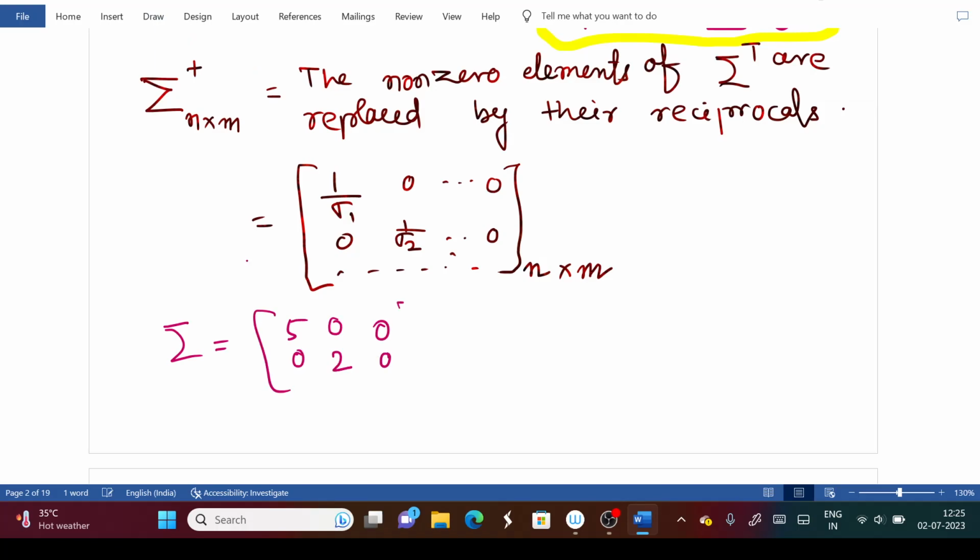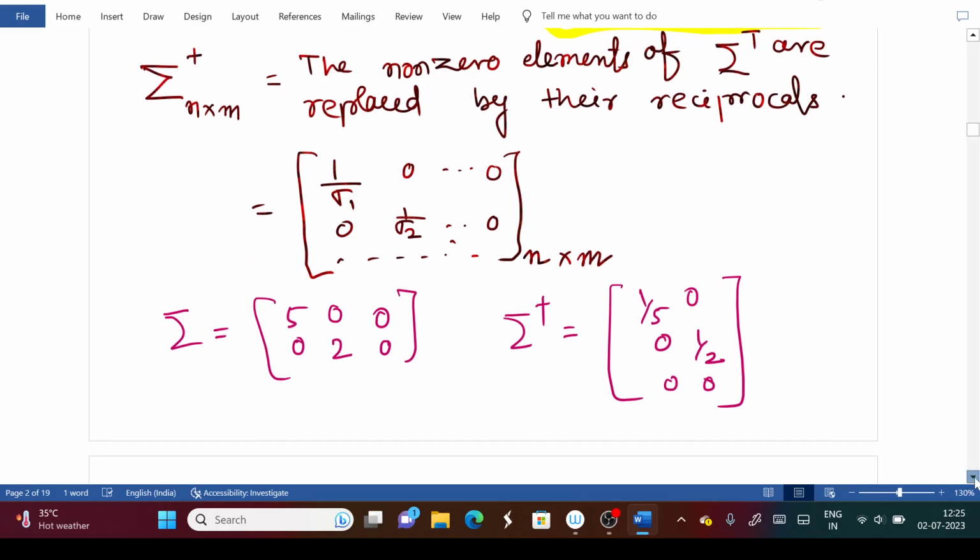This is my matrix sigma. Then what will be sigma plus? This is 1 by 5, 1 by 2, and the rest will be 0, 0, 0. So first I transpose the given matrix, then the non-zero values are replaced by their reciprocals. Like this I will get my sigma plus.